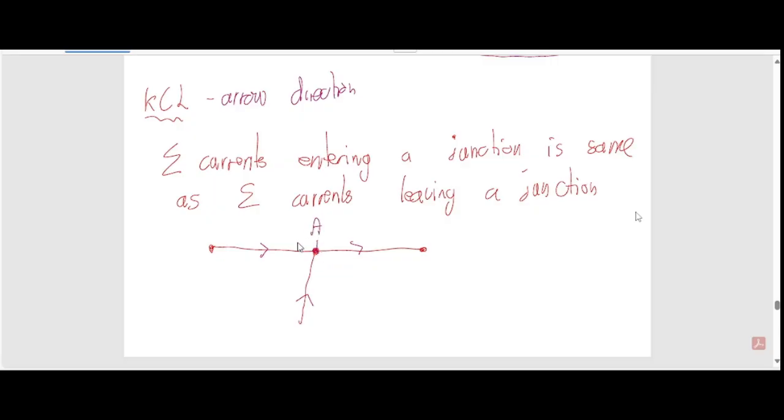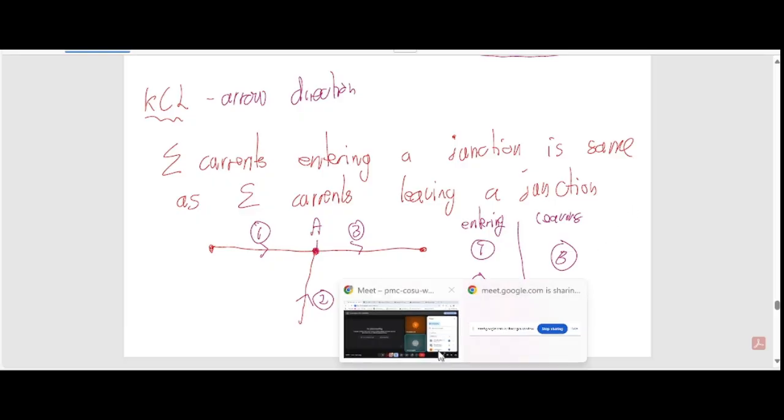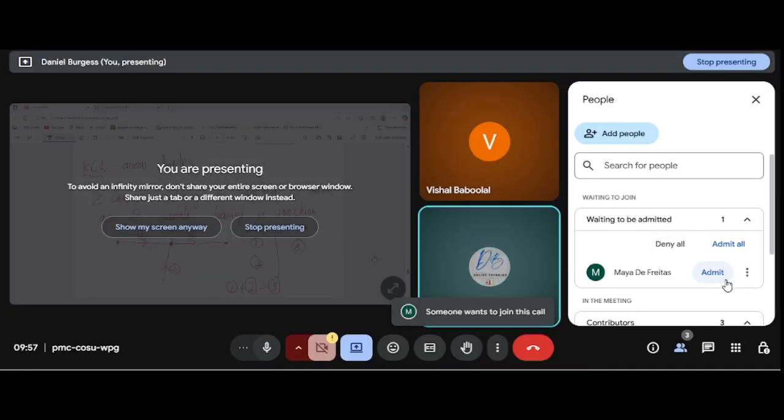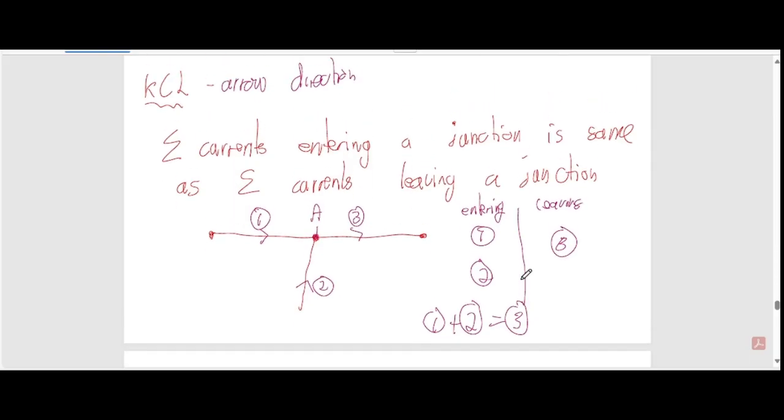If this is 1, this is 2, and this is 3, which numbers enter the junction? 1 and 2. And which one's leaving? 3. Correct. So by the law, 1 plus 2 is equal to 3. That's all KCL is.